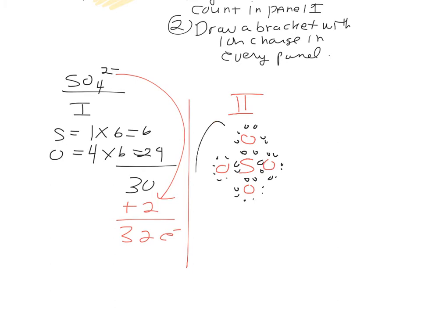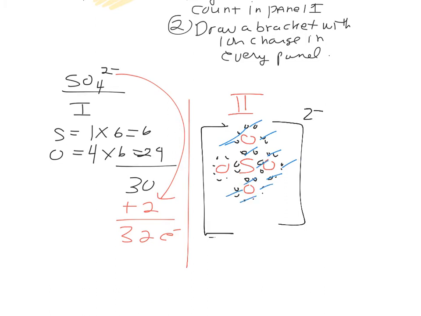And of course, I'm going to draw my bracket around my structure. Now I'm going to count to make sure that I have 32: 2, 4, 6, 8, 10, 12, 14, 16, 18, 20, 22, 24, 26, 28, 30, 32 electrons.